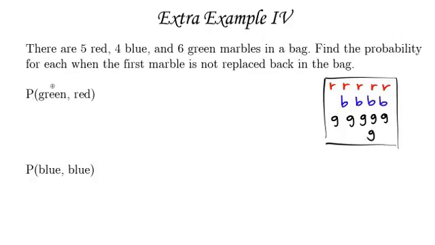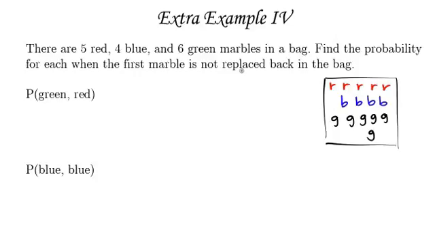Okay, so then here we have 2 events, right? So 2 things are happening. We're going to pick 2 marbles. After we pick the first marble, we're not going to put it back in the bag. Okay, it's not going to be replaced. So we pick one, then that one stays out of the bag. And then we're going to pick our second marble. Okay, so that's my 2 events.